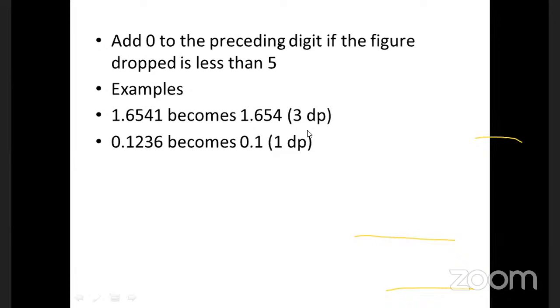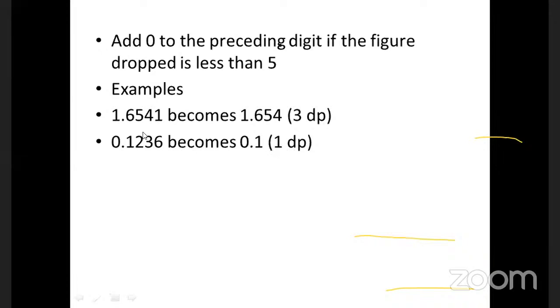Now the next example. We have 0.1236. We want to round this to 1 decimal place. So we count to the required number of figures to which we want to approximate.